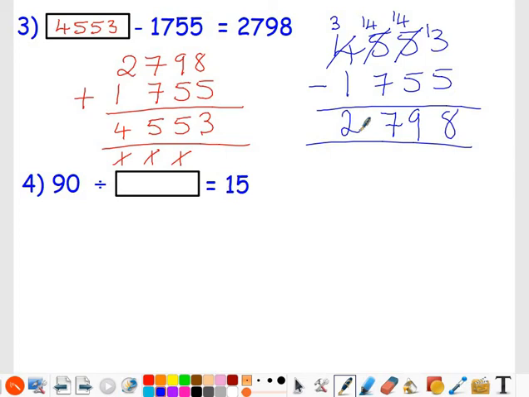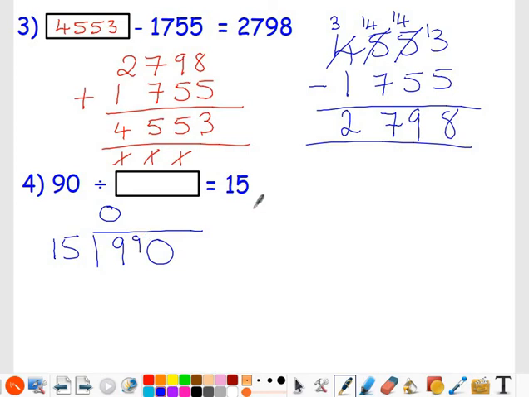So we need to work out, what do we need to divide 90 by to give us an answer of 15? Well, we can do the division here to see what it is that goes into 90 to give us an answer of 15. So how many 15s are in 9? 0, carry the 9. How many 15s in 90?